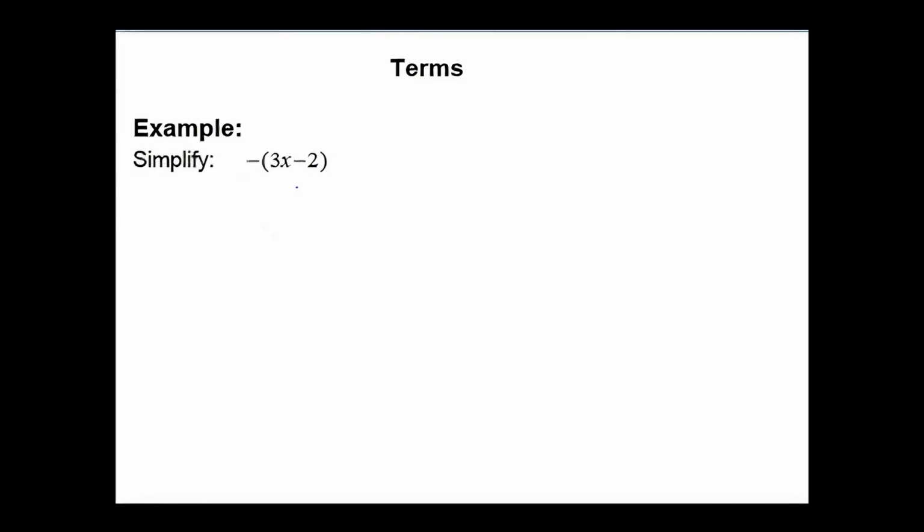Or you can think of this as a negative 1 on the outside that you would distribute to the parentheses, and that would give you a negative 3x, and multiplying here the two negatives would give you a positive. So you can think of it either way. It doesn't matter if you write the 1, but you're going to distribute the negative 3x, and two negatives multiplying here will give you a positive, and then take the parentheses off.